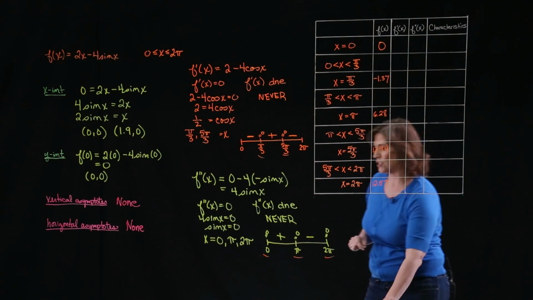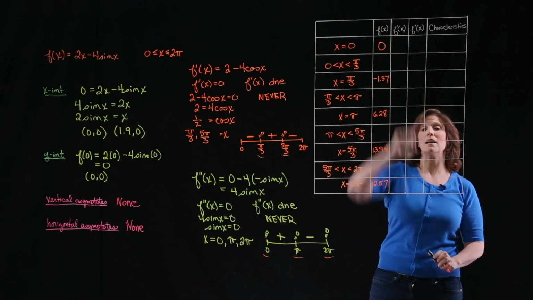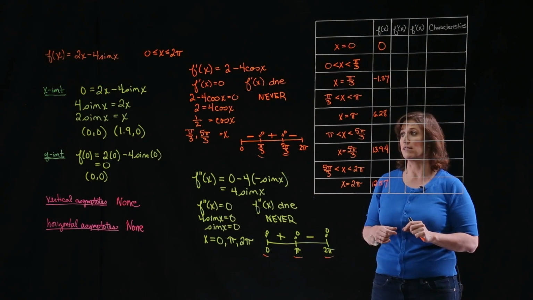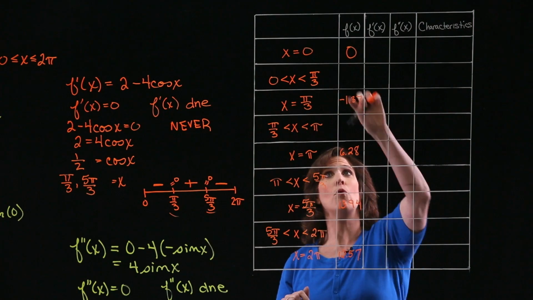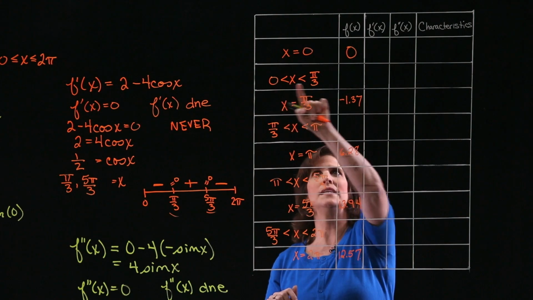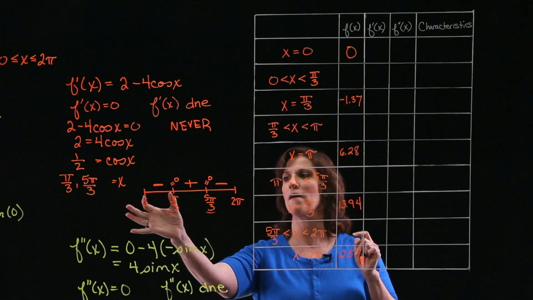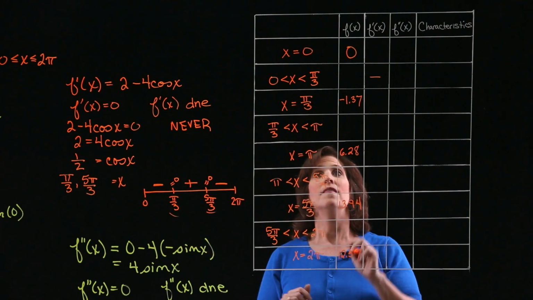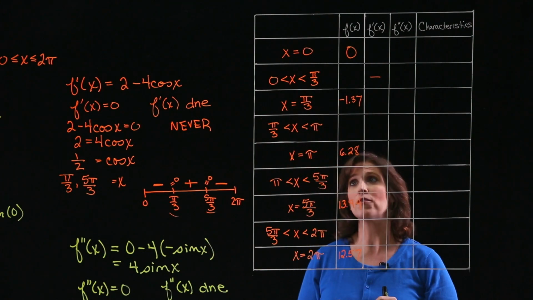However, the next thing I want to do is go ahead and get information about my first derivative. The first derivative tells me when it's increasing or decreasing. So let's look at, instead of points, let's look at the intervals. Between 0 and pi over 3, I can tell my first derivative is negative. So I'm just going to transfer that information. The next interval I'm looking at is pi over 3 to pi.